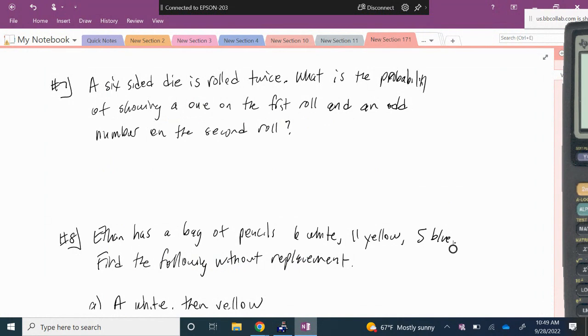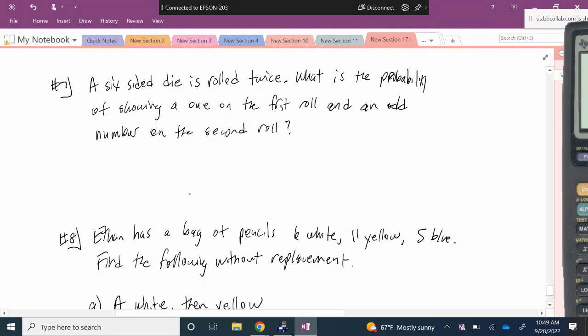Before we start, is this independent or dependent events? Does one roll affect the other roll? Yes or no? Should be independent, because if you roll a dice one time, you roll whatever you roll, then you pick it up, you roll again. So one roll does not affect another roll.